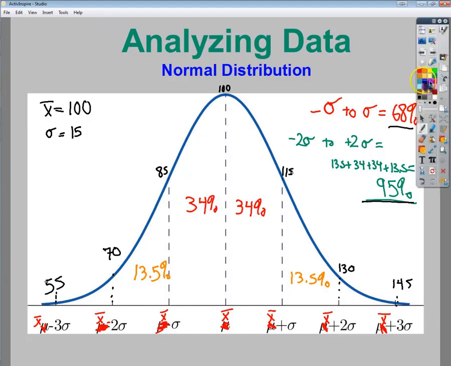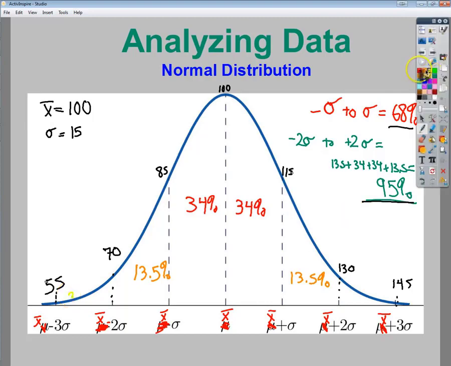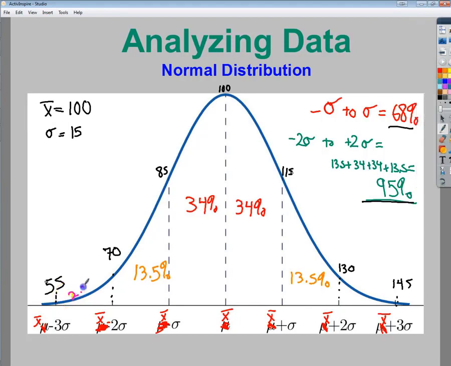Now, the percentage of data that falls between 2 and 3 standard deviations is even significantly smaller than it is between 1 and 2. At that point, you're looking at something around 2. I'm going to try to get a different color so it's relatively obvious where I'm going with it. So the difference here would be 2.35%.